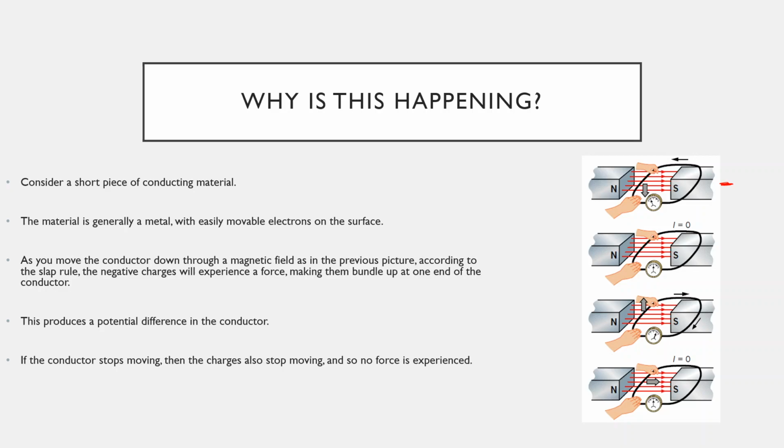Now here's where we start using the slap rule. We ourselves are in control of this piece of wire. Inside the piece of wire are electrons. Electrons are easily able to move around this piece of wire if they are compelled to do so.